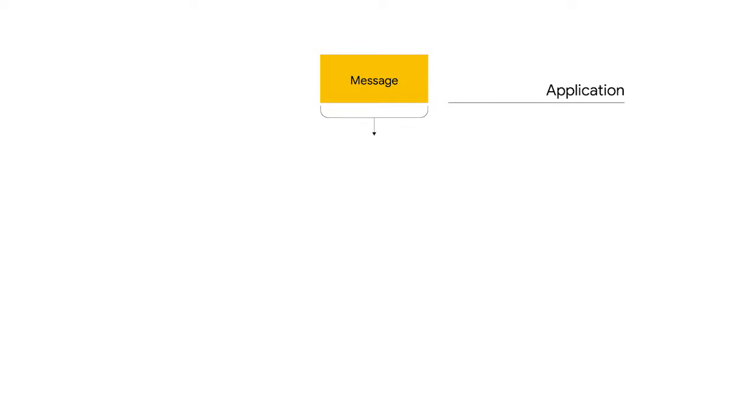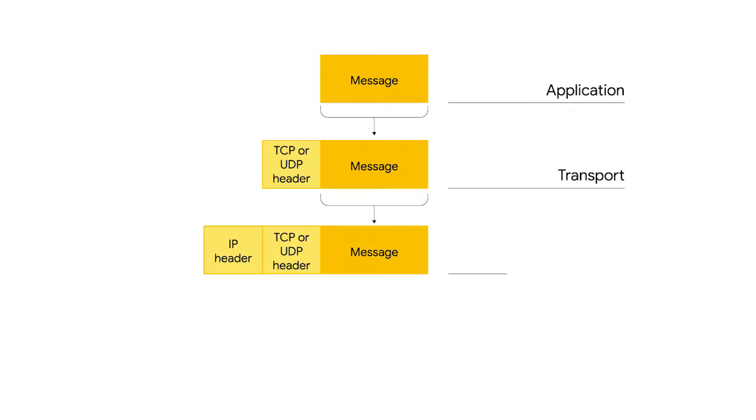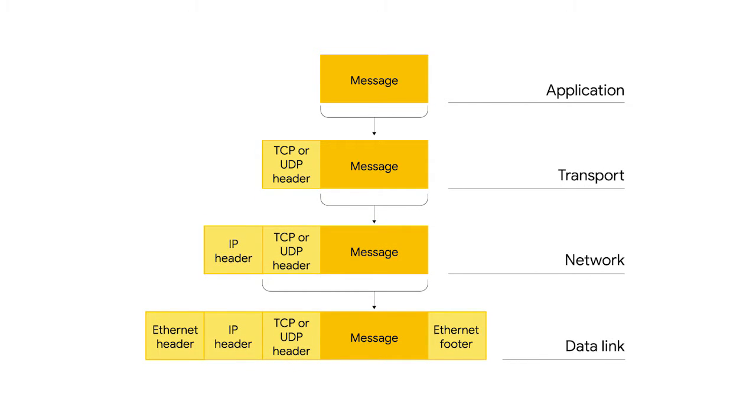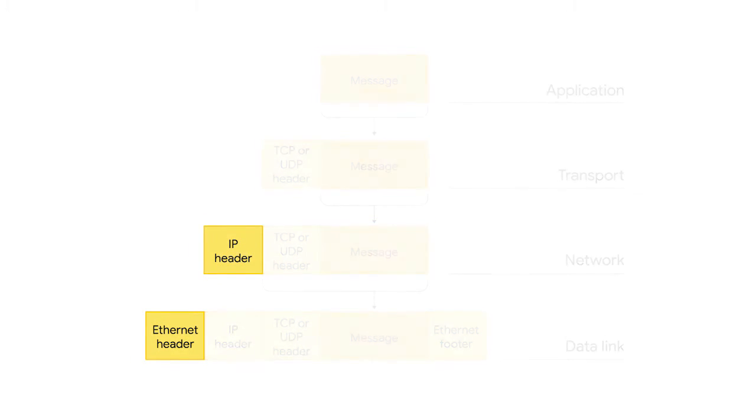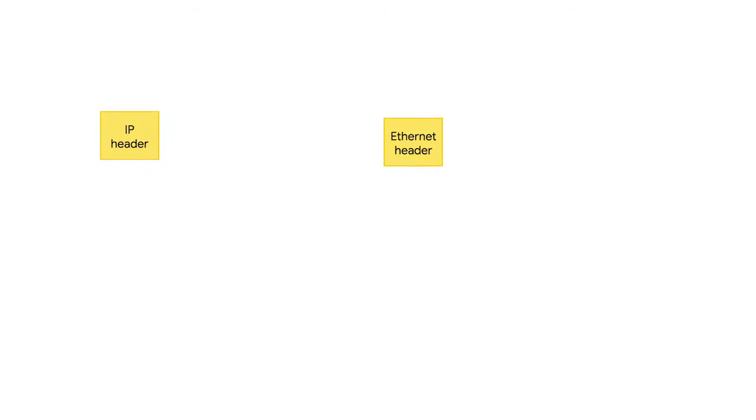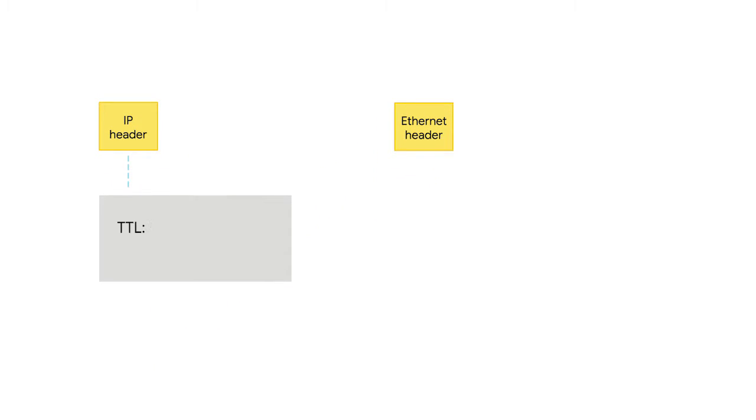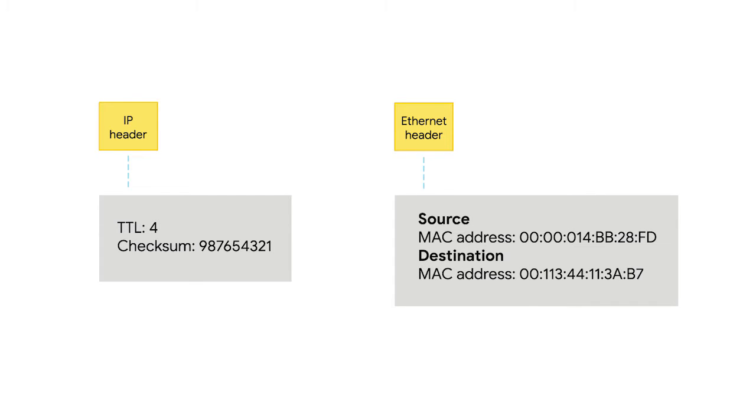Next, the router needs to form a new packet to forward along to network B. It takes all of the data from the first IP datagram and duplicates it. But it decrements the TTL field by 1 and calculates a new checksum. Then it encapsulates this new IP datagram inside of a new Ethernet frame. This time, it sets its own MAC address of the interface on network B as the source MAC address.